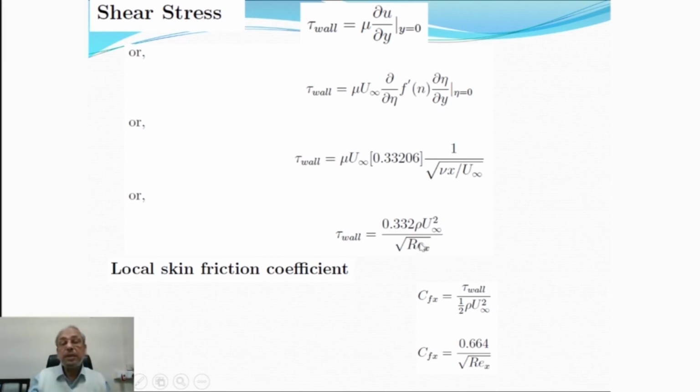So this is the Reynolds number based on the length of the location from the leading edge of the plate. It means x, so u infinity x by nu. Local skin friction coefficient CFX, tau wall divided by the non-dimensional value, half rho u infinity square, we can get 0.664 divided by root over Rex.